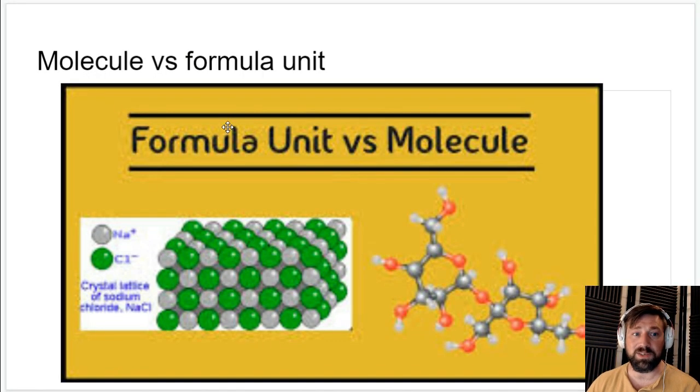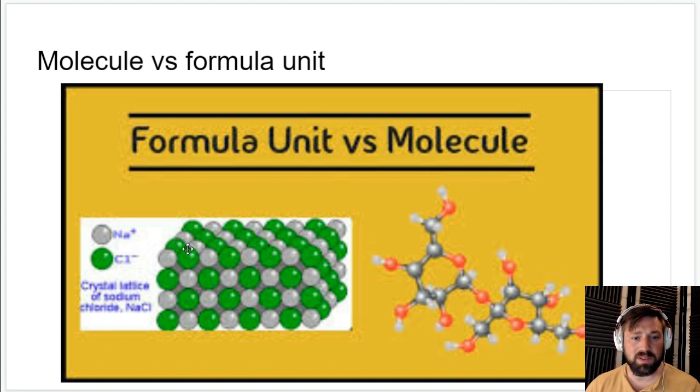Next, the distinction we need to make here is what's the difference between a molecule and a formula unit. A formula unit is really when you have an ionic bond. If you have two ions close together, they start to attract and form an ionic bond.